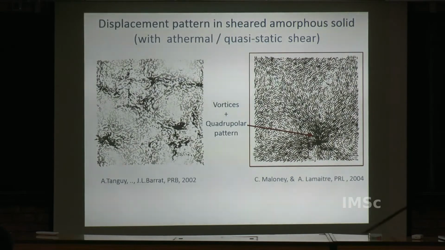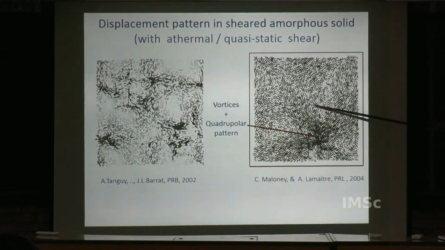What you see here are the fields, velocities, you don't see the heads of the arrows, but these are all MD simulations, and they have plotted displacement fields. Yes, because in this case there are no velocities.